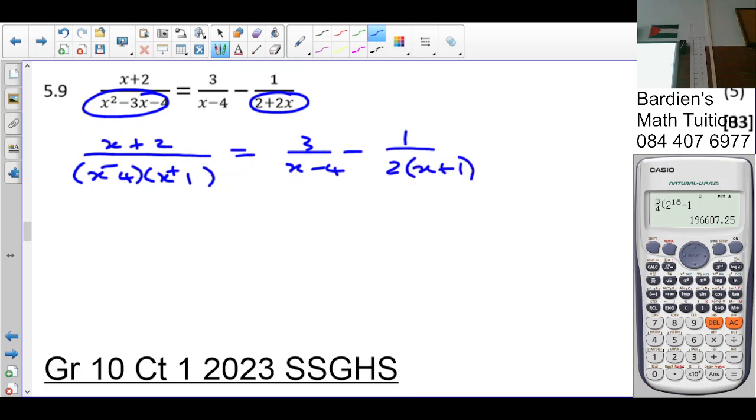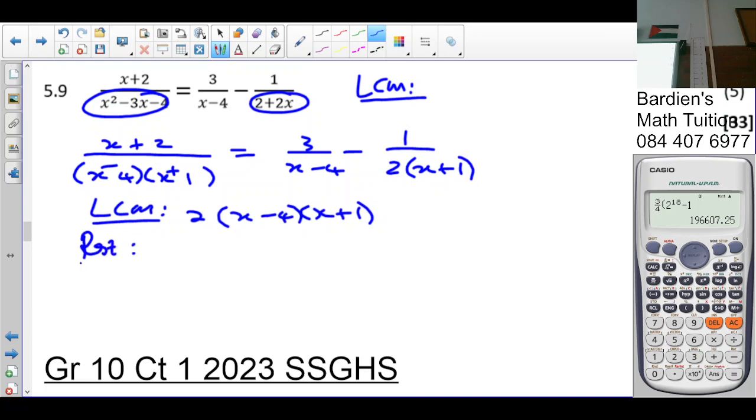People, what's my LCM here? So LCM is going to be 2 into x minus 4, x plus 1. What's my restriction? X can never be equal to 4 or x can never be equal to negative 1. So what must the first fraction be multiplied by?